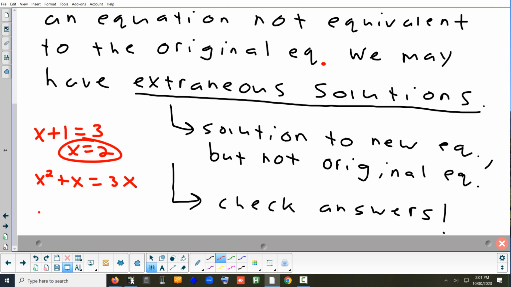Now, when we solve a quadratic, we usually try to get it equal to what number? 0. How would you put that 3x on the left side? Subtract it. What's 1x minus 3x? Negative 2x.